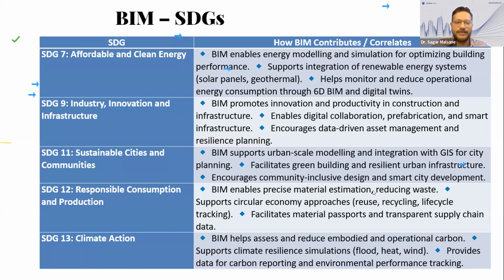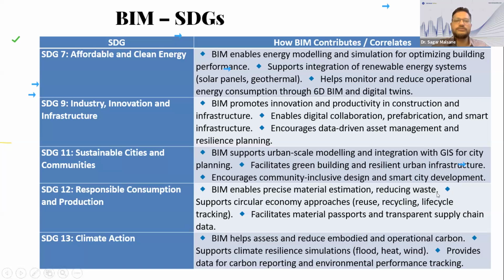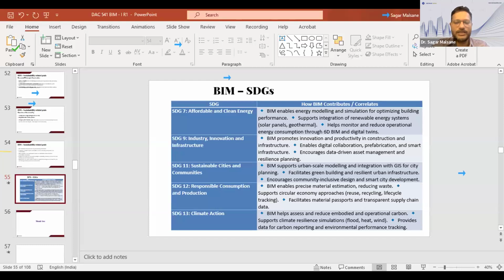And that can really help in terms of SDG 13, which is climate action. Okay, so this was about BEAM and its correlation with sustainability goals. If I may take one additional 2 minutes, I would like to show you a case.